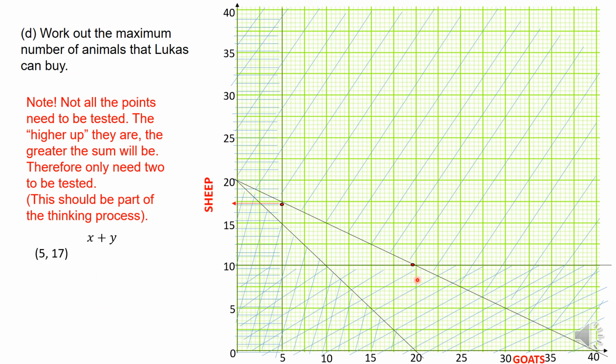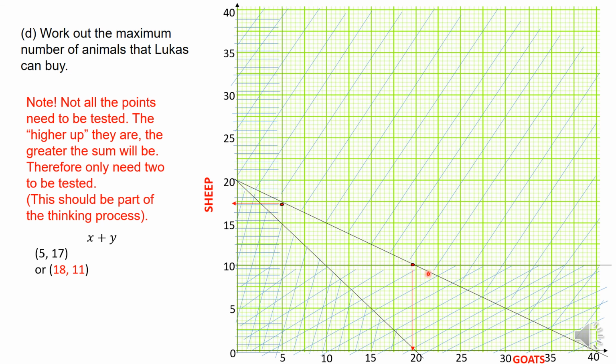And the other one, it's not exactly at 20, but it is something like the point 18 and 11. Those are the 2 points that, if your grid is drawn correctly, should be the points that are higher up.